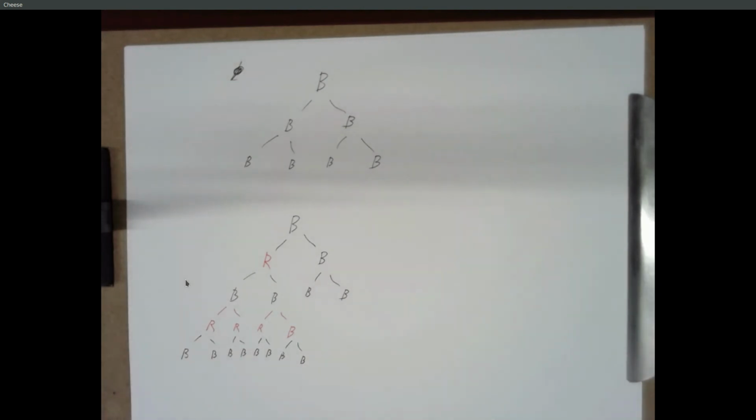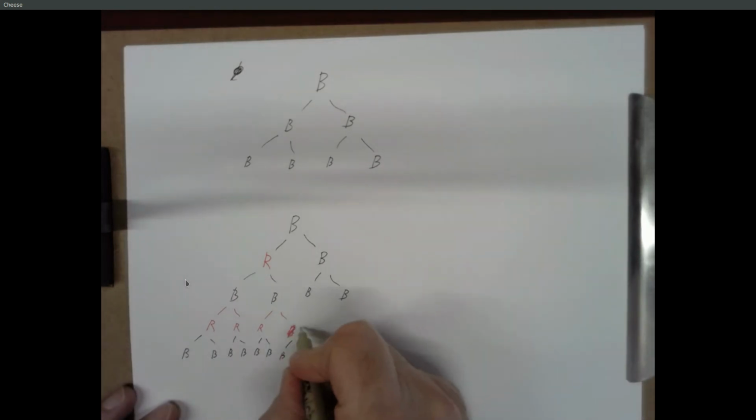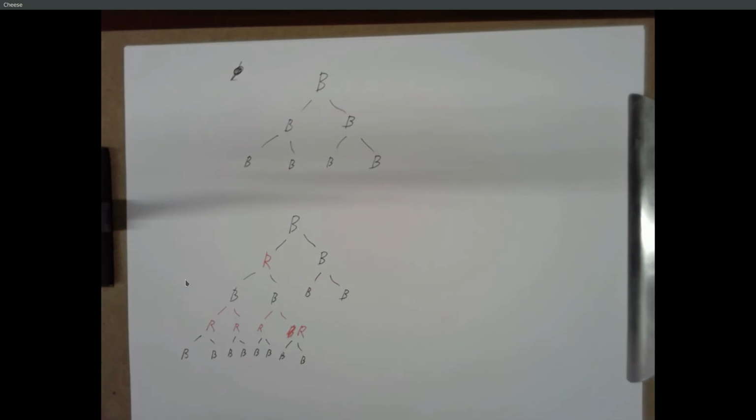So is this a red-black tree? No. Why not? There's a black node with black nodes. Oh, that's red, sorry. Thank you. Okay. So is that a red-black tree?